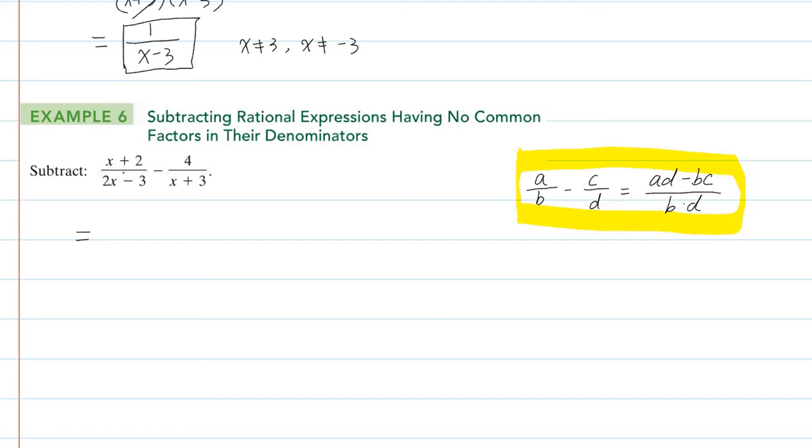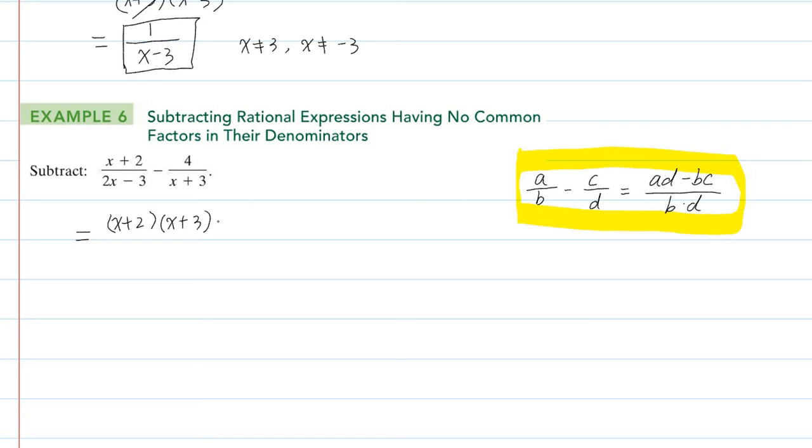So let's do this. If I compare this, my A is just x plus 2, and then my D is going to be x plus 3. Here's the subtract.